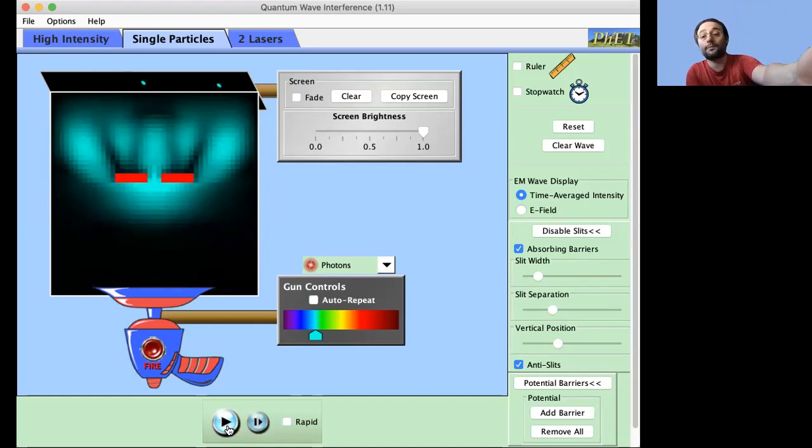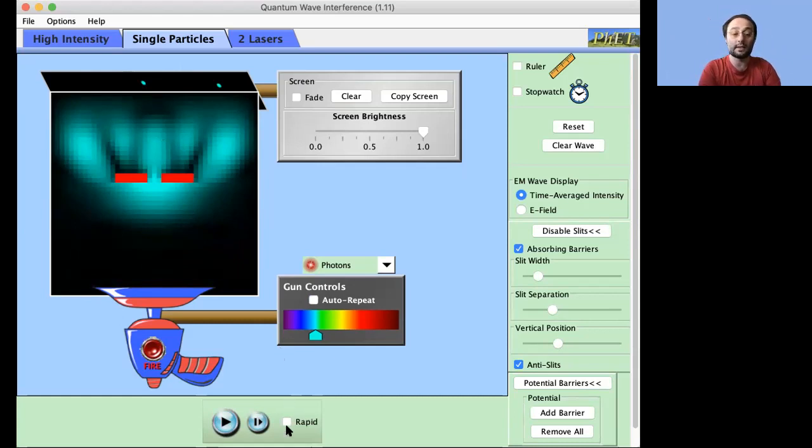And so the intensity field is complicated, and so the probability field is complicated. So you can see there are zones of destructive interference. How do we interpret that in the probability language? Well, that's where the particle is less likely to be found. There are zones of constructive interference. How do we interpret that in the probability language? That's where the particle is more likely to be found.